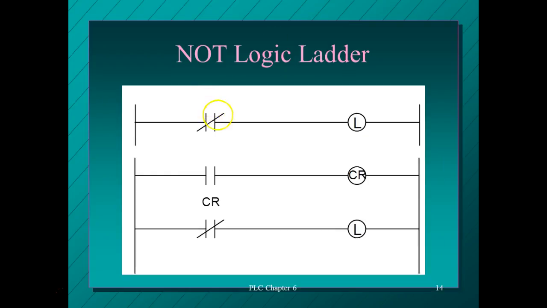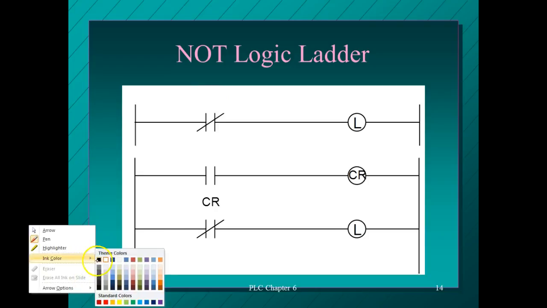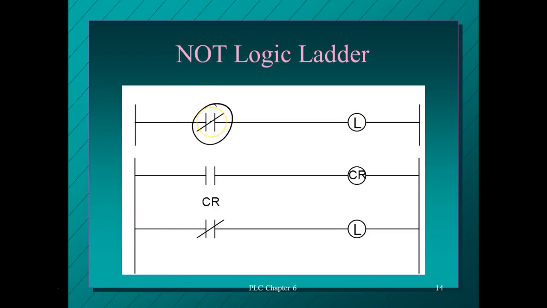So this is a NOT. Whatever's controlling that contact, when it's true, this one's going to be false. And when it's false, this one is going to be true. Everybody understand? Let's say I have this push button and I'm hooking this up to a relay.